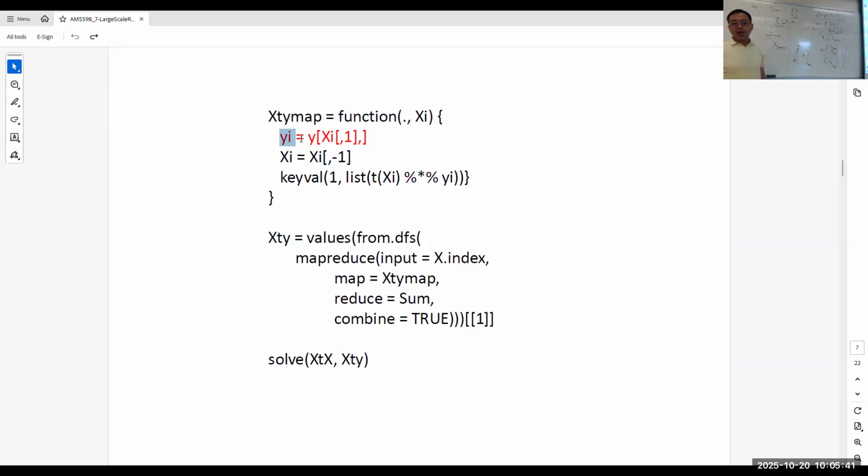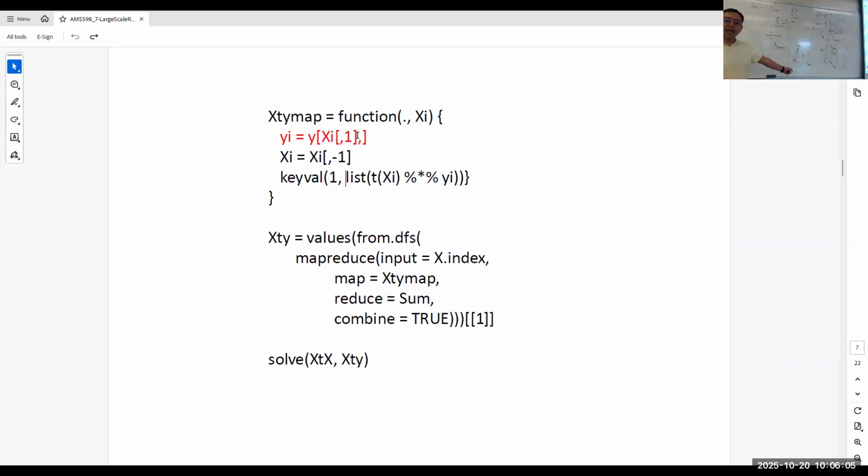Now yi, you have to use the index. This is why the index is important, because when you send xi, you have to communicate with y. You have to extract the corresponding elements from y, right? So what you do here is use the index, because the first column of xi is its index.